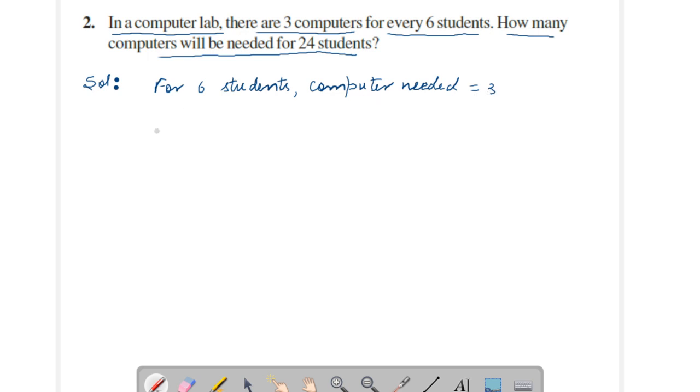So for 1 student, computer needed equal to 3 upon 6.